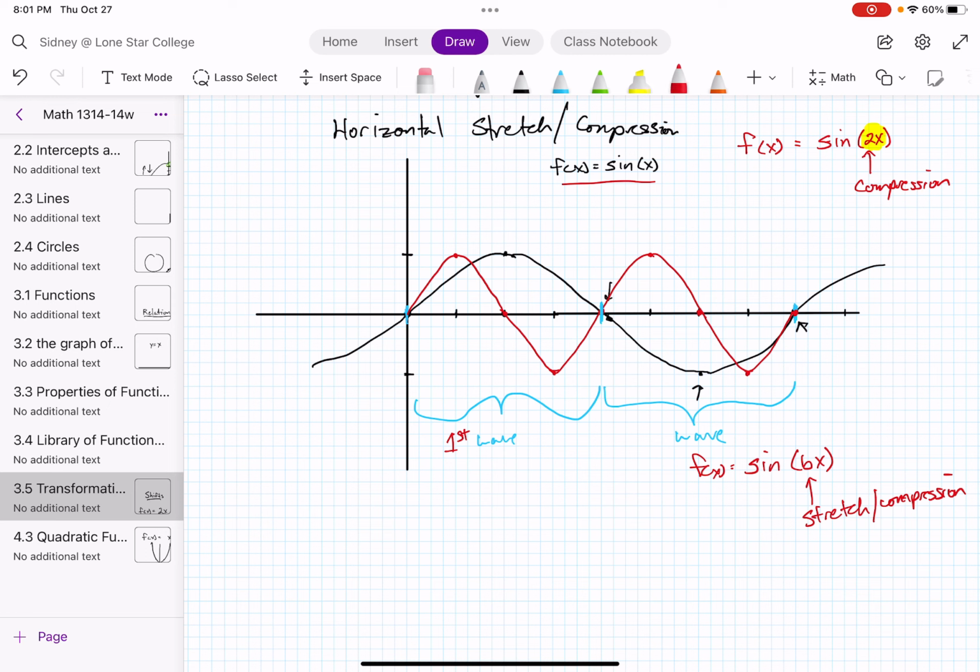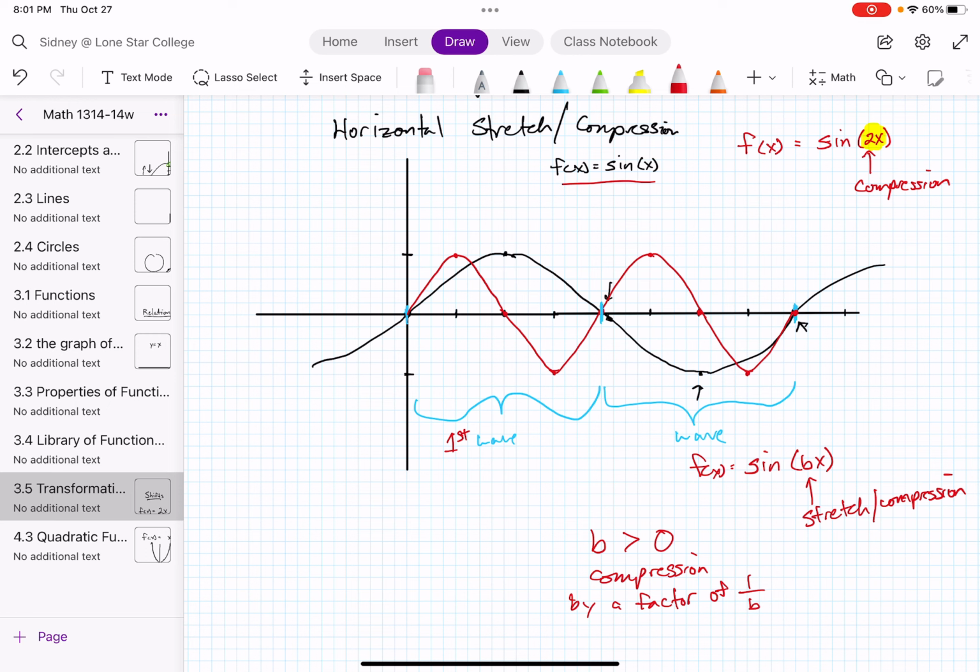And so when you look at b, if b is greater than 1, that's actually going to be a compression by a factor of 1 over b. It's the multiplicative inverse.